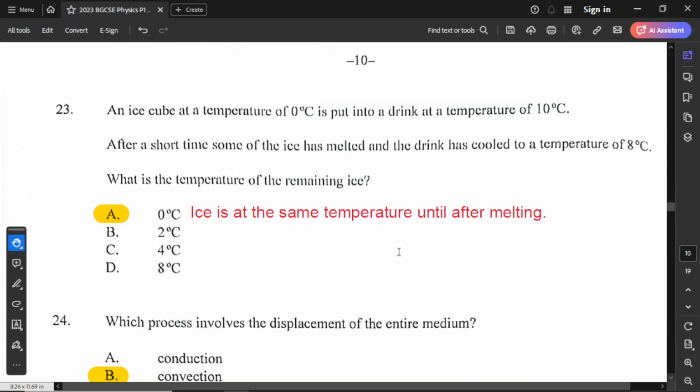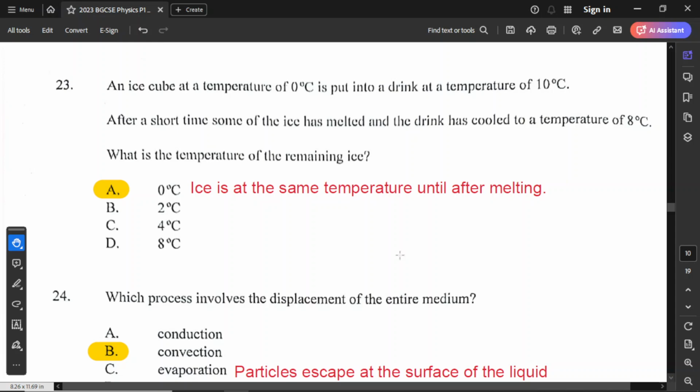Now, question number 23. An ice cube at a temperature of 0 degrees Celsius is put into a drink at a temperature of 10 degrees Celsius. After a short time, some of the ice has melted and the drink has cooled to a temperature of 8 degrees Celsius. What is the temperature of the remaining ice?